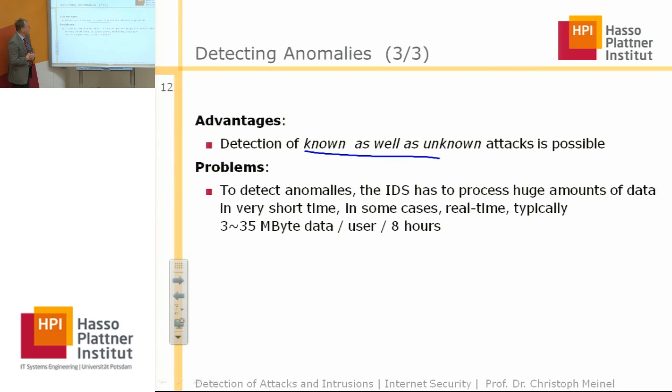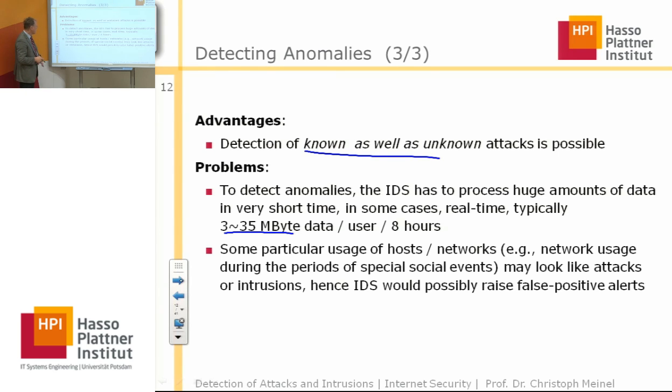Typically, such an intrusion detection system needs to be able to analyze 3 to 35 megabytes of data per user per 8 hours. That's a big amount, because this has to be done aside from the usual work the system is designed for.